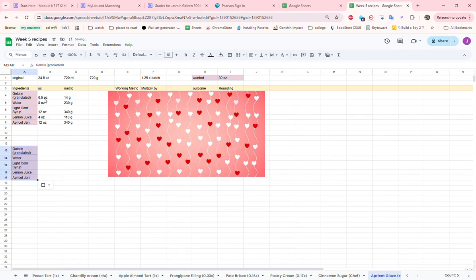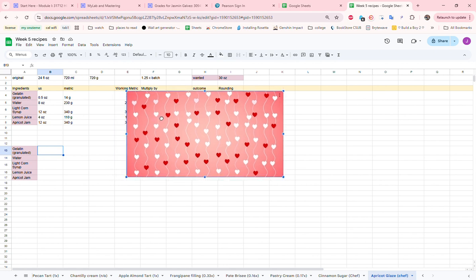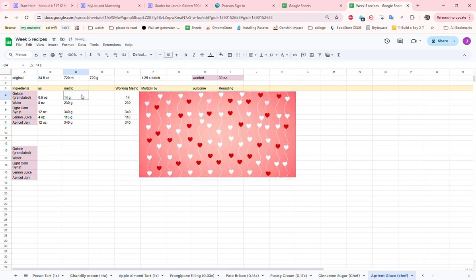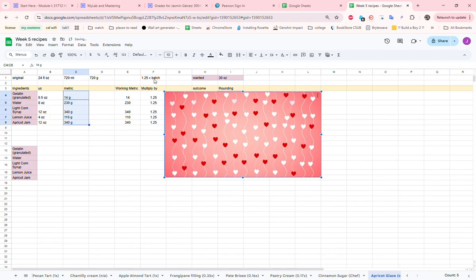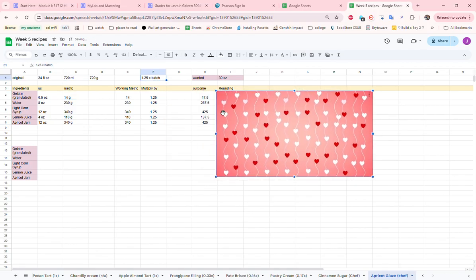We have the ingredients, the US and metric, which were provided inside the pamphlet. And then again, working metric is just the metric without the grams multiplied by the batch. Straight across we get outcomes. And you see the outcomes are again decimals.